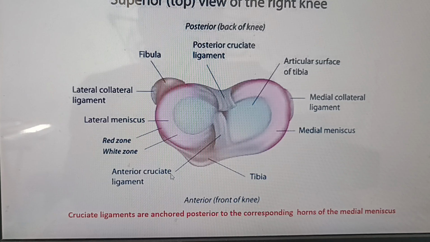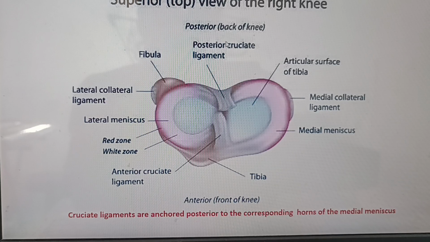You can see the anterior cruciate ligament is anchored posterior to the anterior horn of the medial meniscus, and the posterior cruciate ligament is anchored posterior to the posterior horn of the medial meniscus. So how you name the cruciate ligament as anterior or posterior is based on which horn of the medial meniscus it is related to.